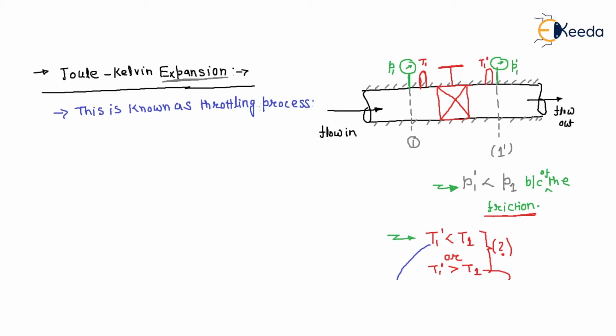So what is done in the throttling process? We apply the steady flow energy equation. What is that?